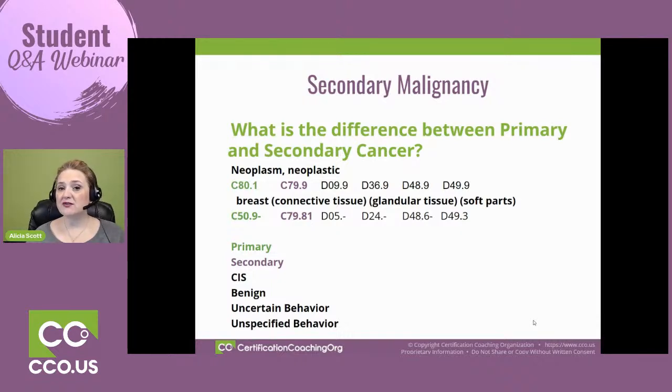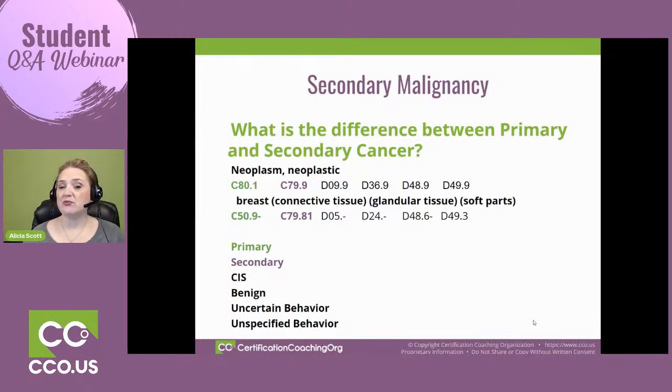Also, if you're not familiar with the difference between uncertain and unspecified behavior, we have further education on that. I would say that you want to be able to distinguish between the two and the verbiage that's involved with that before you go test, because they will throw those codes in there to see if you understand the meaning of them.